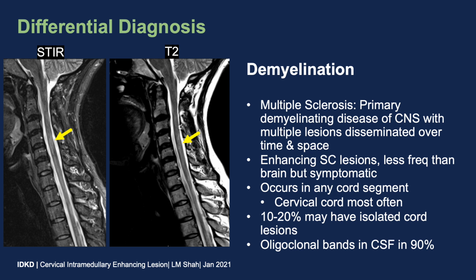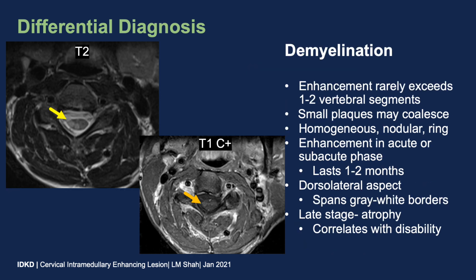Our next consideration for an intramedullary enhancing T2 hyperintense lesion is a demyelinating process, the prototype being multiple sclerosis. Lesions in multiple sclerosis can involve any cord segment, although the cervical cord is most often involved. 10 to 20% of multiple sclerosis may only have cord involvement.